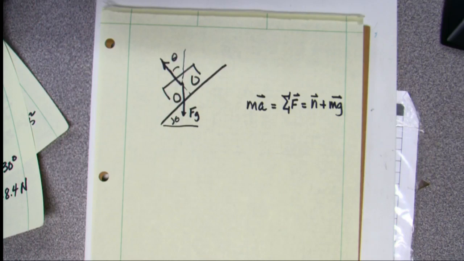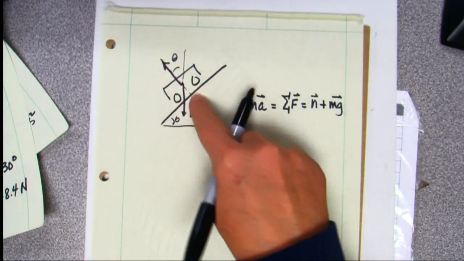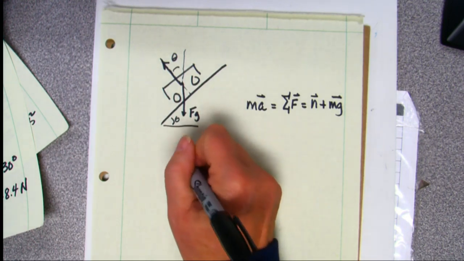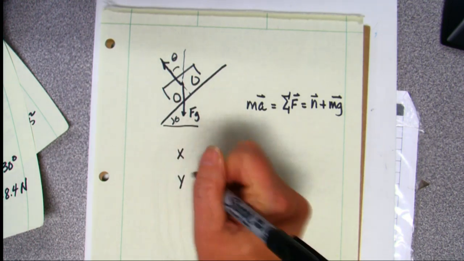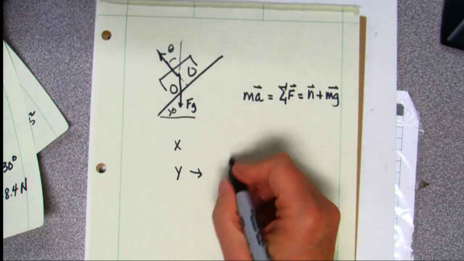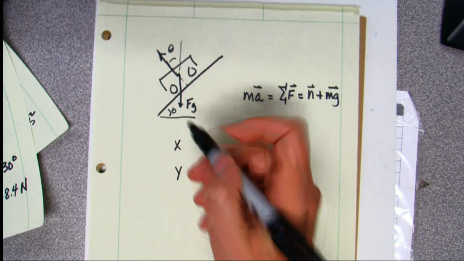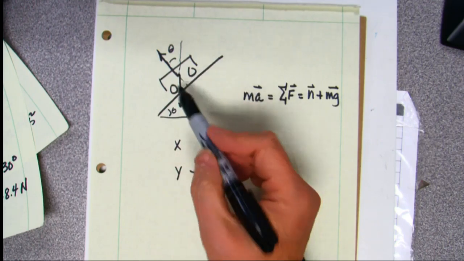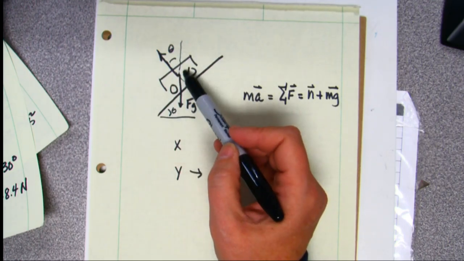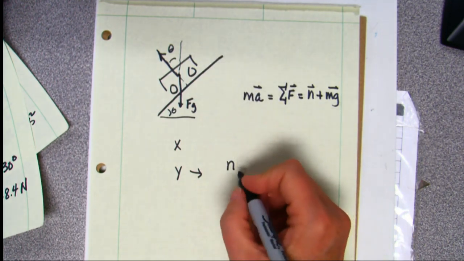So let's account for the direction in terms of the normal force. We're going to do this in terms of x and y, starting with y first. Because I'm not moving in the y direction at all, I'm in equilibrium in the y direction.